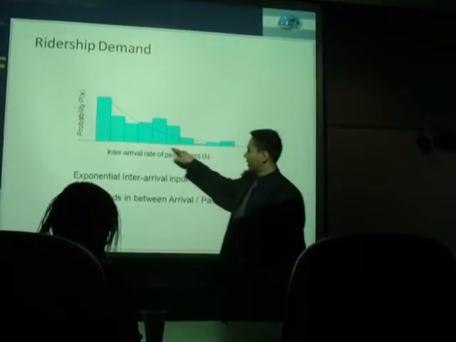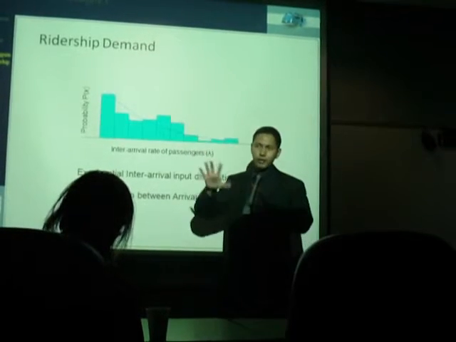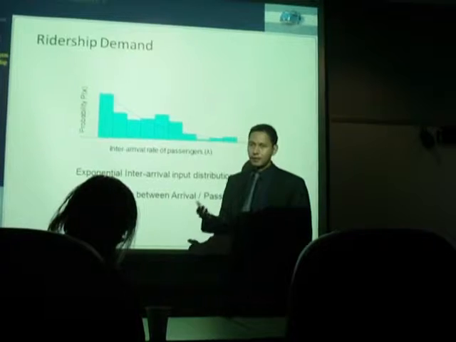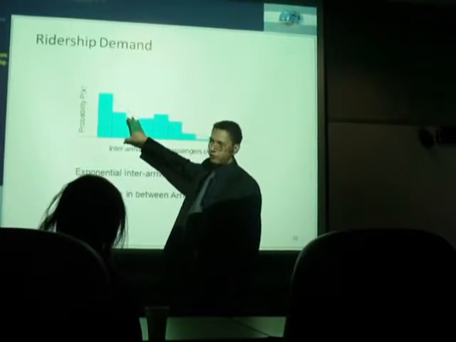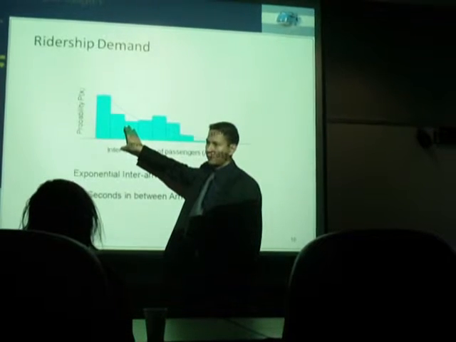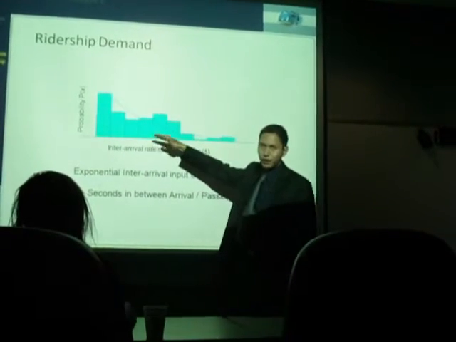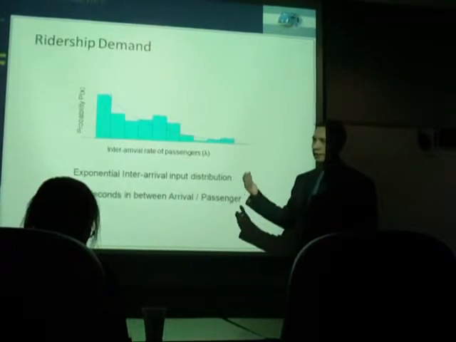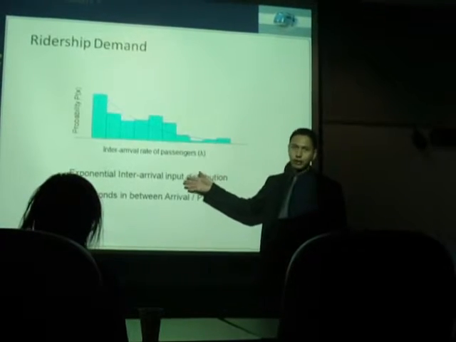So you can see in this x-axis, say for example, a lot of passengers arrive 5 seconds in between each other. So that describes the probability that more of them actually arrive 5 seconds per passenger. So this sort of provides you the average inter-arrival rate, except that it is modeled using exponential.